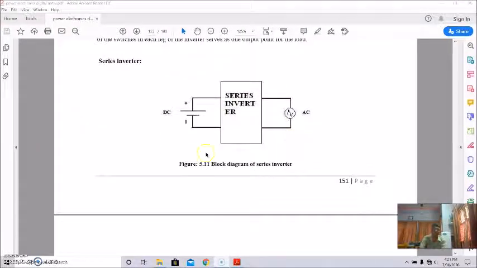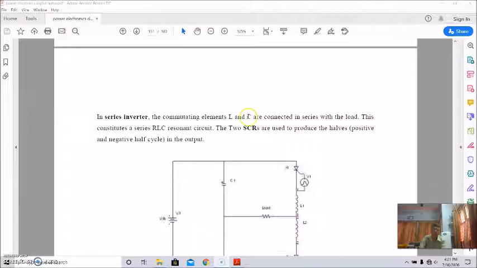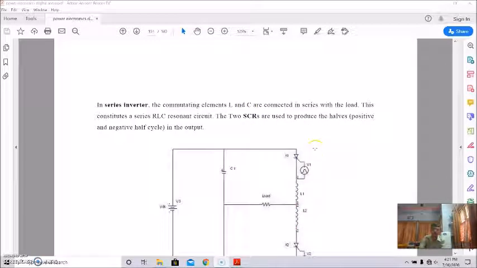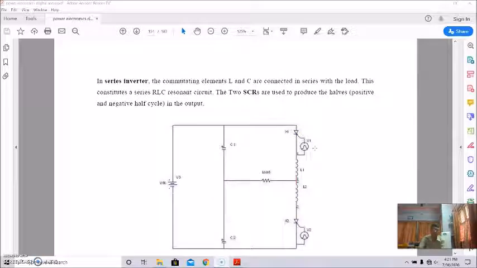So this is the block diagram of a series inverter. In a series inverter, the commutating elements L and C are connected in series with the load.